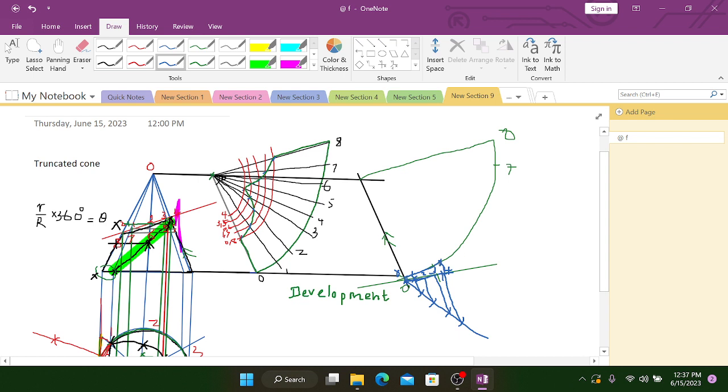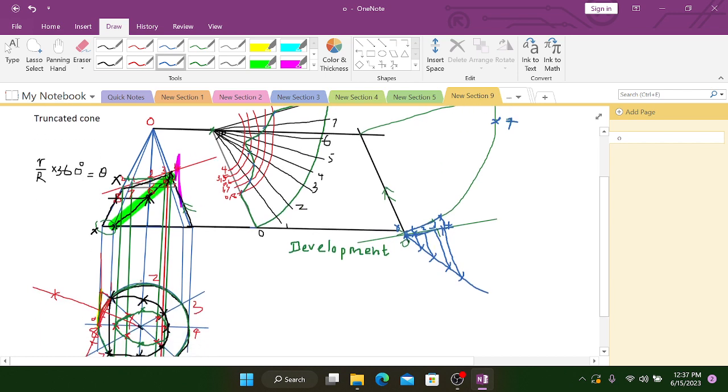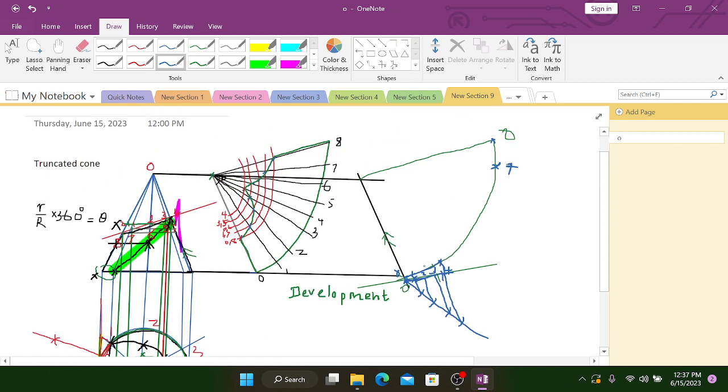So this amount I want to take from my compass, and by keeping my compass at 8, if I cut here the same arc length, that is the actual 7 point, and this is the actual 1 point. So now I can connect those 1 and 7 in this way.